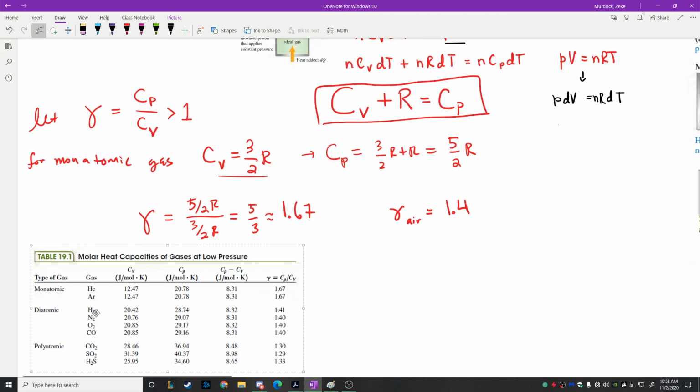For diatomic gases, H2, nitrogen, oxygen, carbon dioxide, Cv is 20.4, Cp is this. Again, if you subtract them, you get this. And for these, gamma is equal to 1.4. Maybe we can understand where this comes from. So gamma is Cp over Cv.